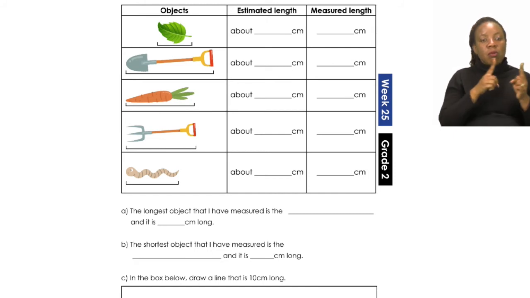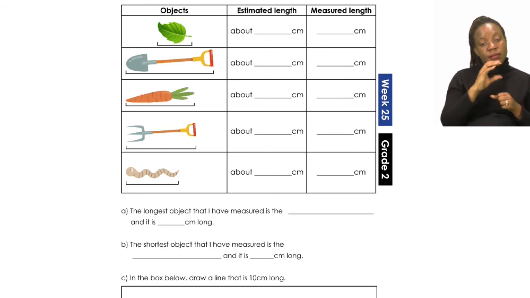So you have to write in the amount of centimeters that you have measured. B, it says the shortest object that I have measured. So here you have to look at what is the shortest object. Is it the leaf, the shovel, the carrot, the garden fork, or the worm? And you have to show us or tell us how long it is. So you measure it in centimeters and write it in.